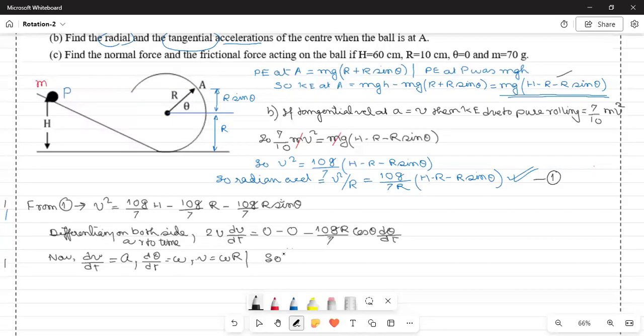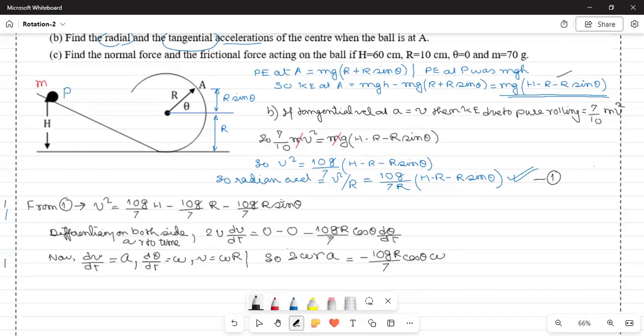Considering these equivalences, 2 multiplied by v becomes omega r, dv/dt becomes linear acceleration a, is equal to minus 10 g r by 7 cos theta, and d theta/dt is omega. Cos theta multiplied by omega.